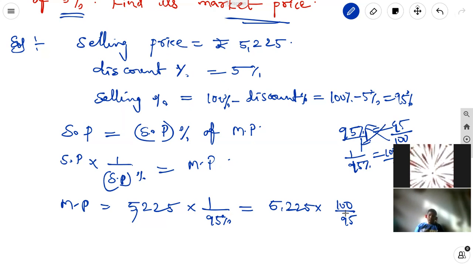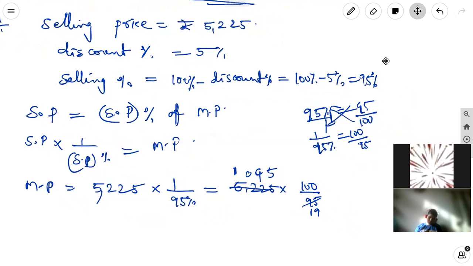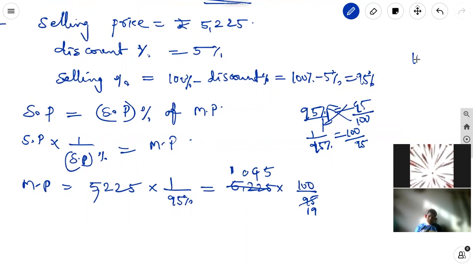Okay. Here clearly, 5 ones are 5, 5 twos are 10, 5 fours are 20, 5 fives are 25. Here we can take the division. What is the division? 1045 with the 19. 19 ones are 19. 104 means 19 fives are 95.